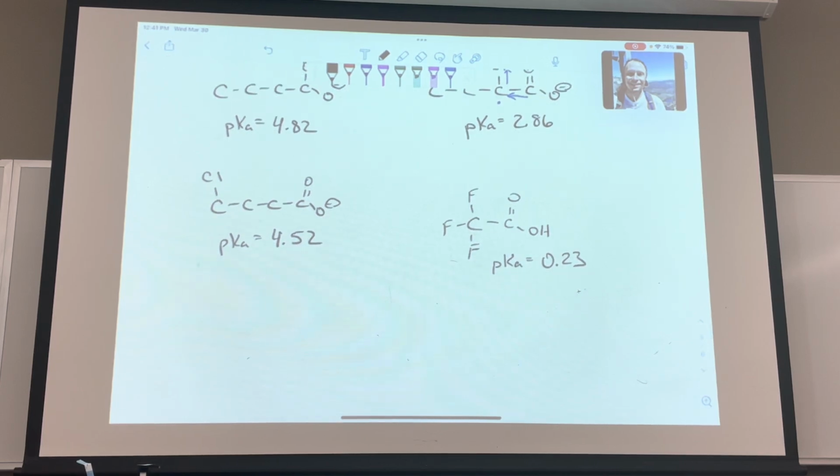Okay, so I want to go through and do a similar exercise with the acids that we did with the amines. And that is, I'm going to give you a series of carboxylic acids and a series of pKa values and see if you can match them up.